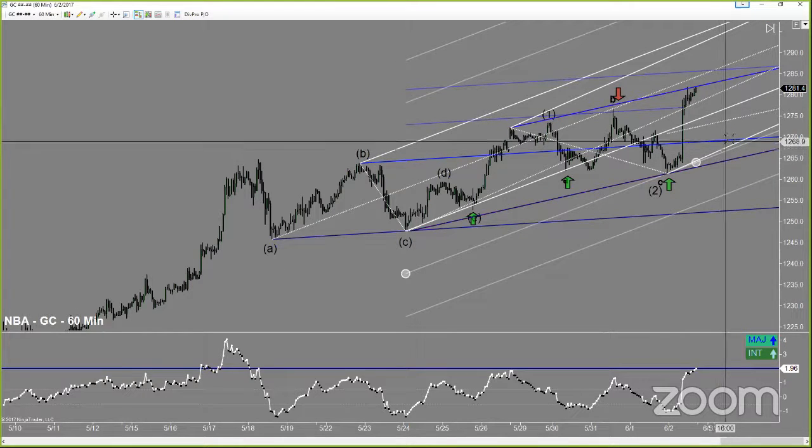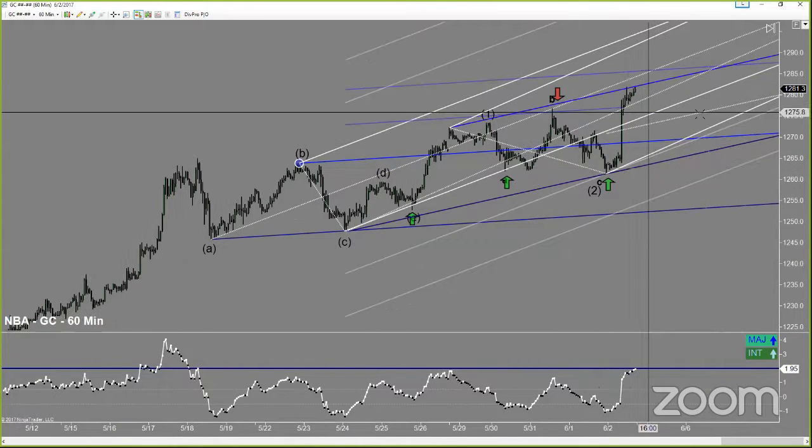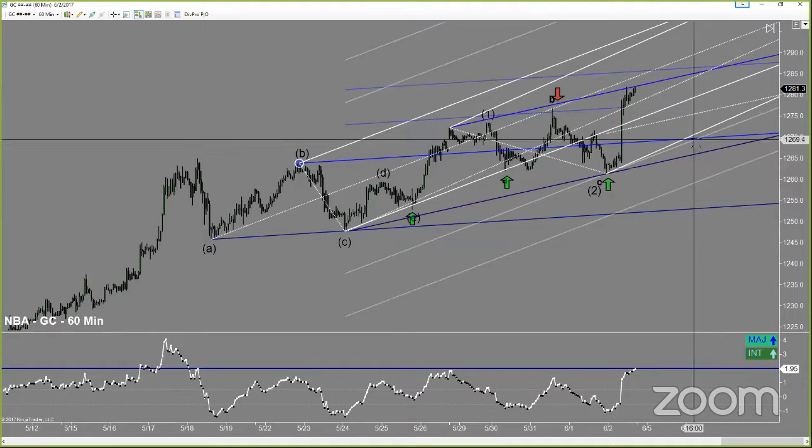So the first area would be the top of this channel. So basically coming back and finding support after we've broken up and out of it. And it would be nice to actually come back to this area, depending on how fast we retrace.